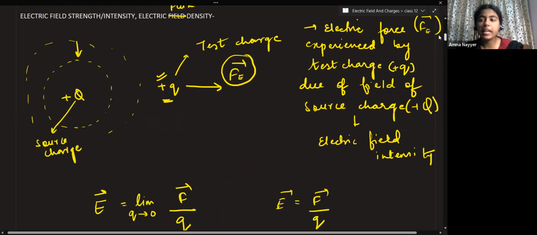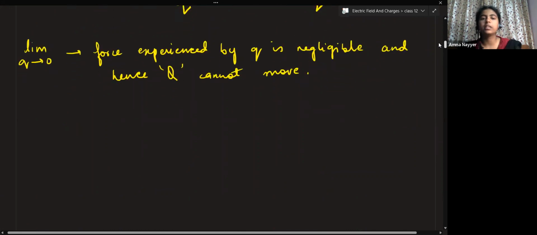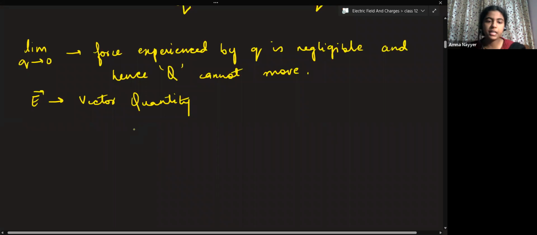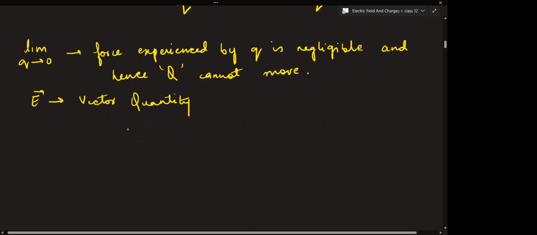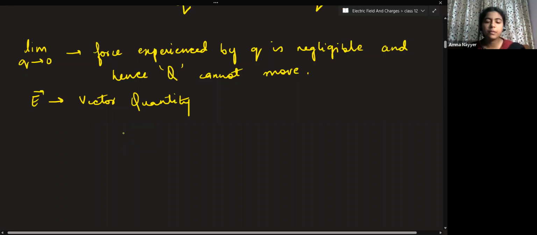Now, electric field is also a vector quantity. So can we directly add electric fields together algebraically? No, ma'am. Vector quantities cannot be added directly using algebra.